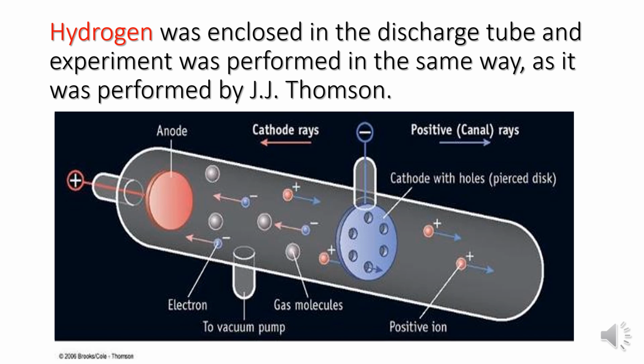After that, to his surprise, when he placed the cathode and did the same experiment as J.J. Thomson, he discovered a new type of rays which were emitted from the tube.